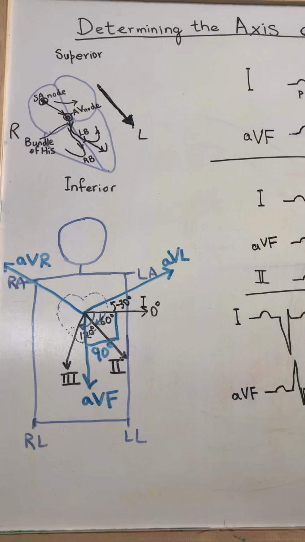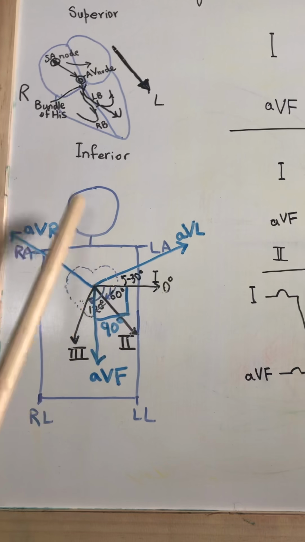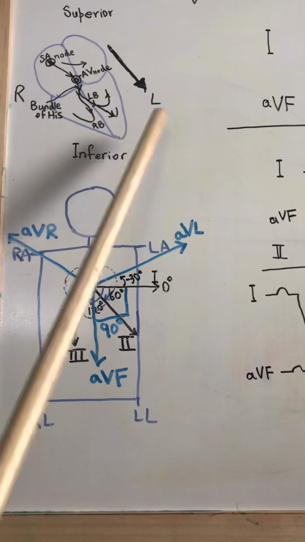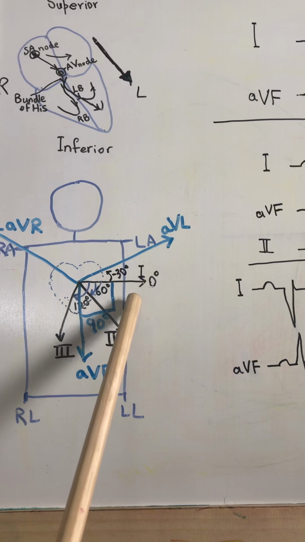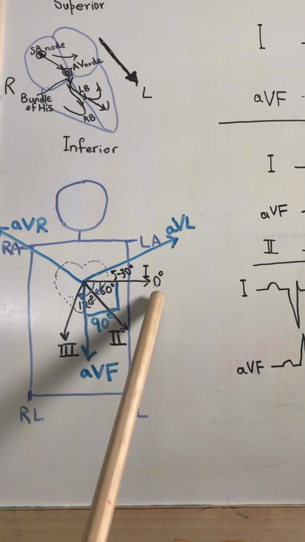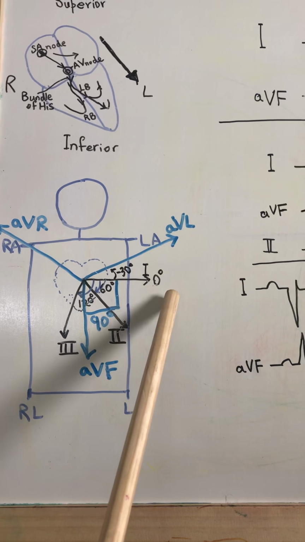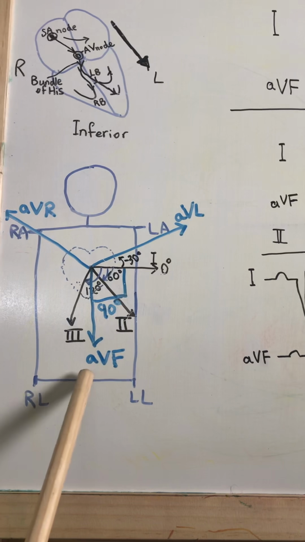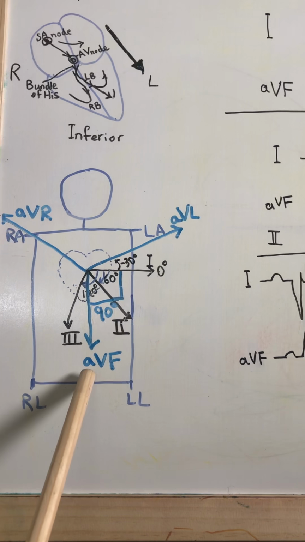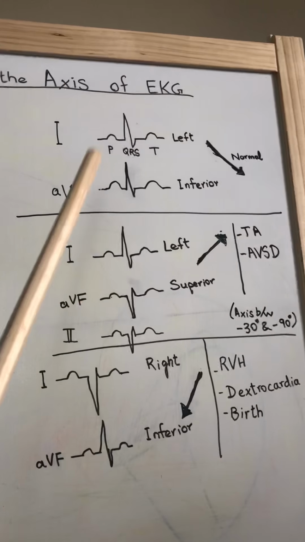So under normal circumstances, if the direction of electrical activity of the heart is left inferior, then we expect that it produces a maximum positive QRS complex in lead 1 and also a predominantly positive QRS complex in lead AVF, like we see here.